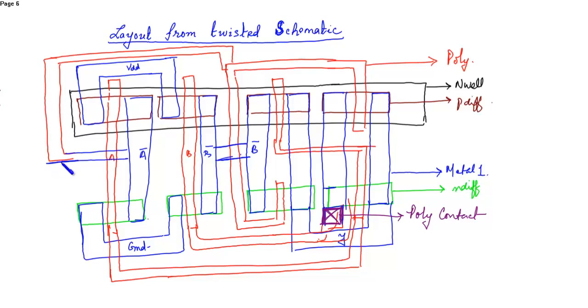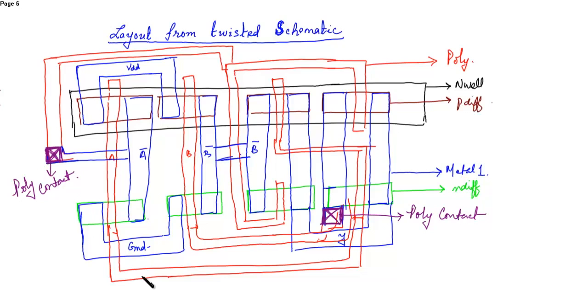So there is an overlapping between metal and poly. So you need a poly contact over here. This is again a poly contact. Okay. So all input output labeling is done.